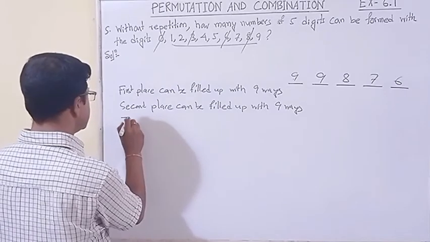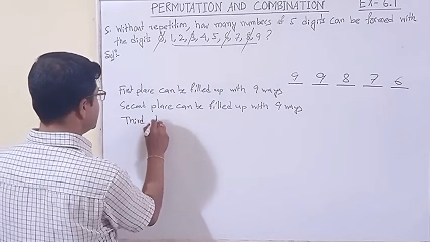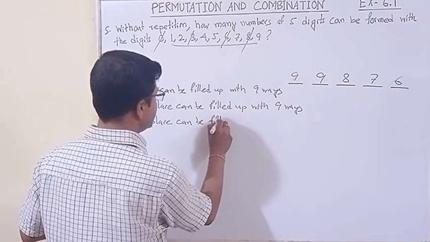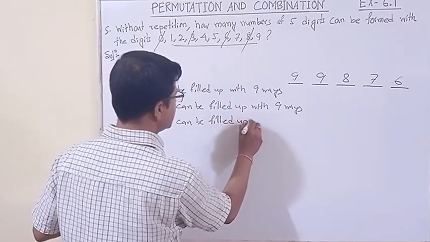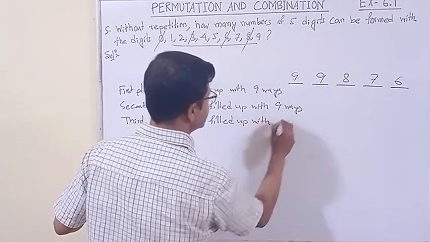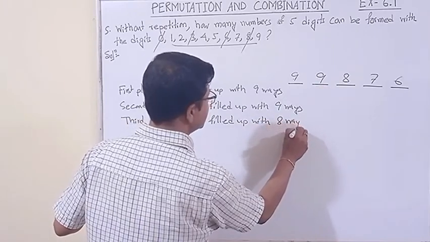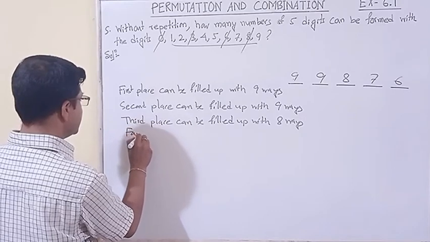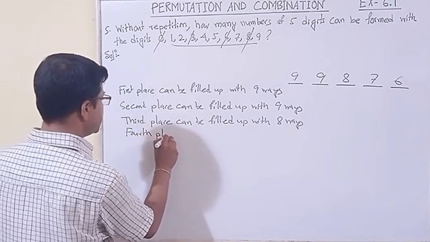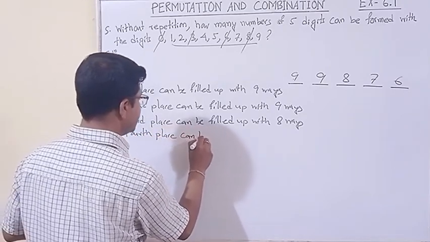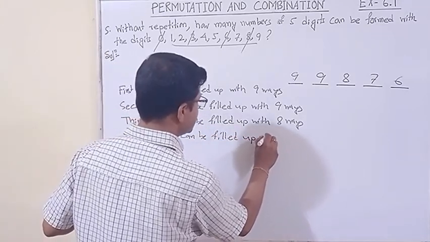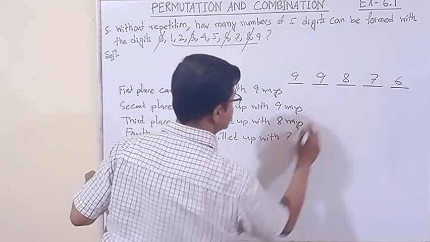Third place can be filled up with how many ways? 8 ways. Explanation is already done. Then fourth place can be filled up with 7 ways.